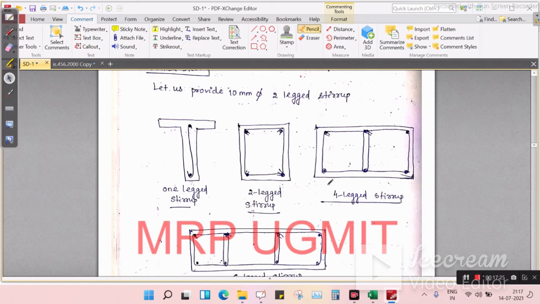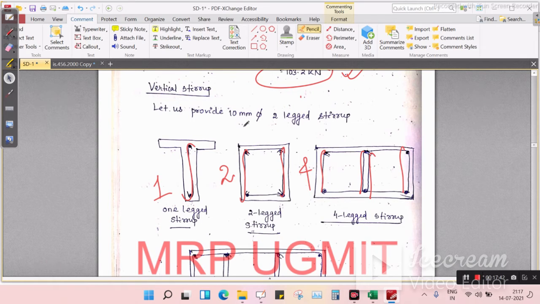So you can see here, this is a T section. This is a one leg stirrup. This is a two leg stirrup. This is a four leg stirrup. For this problem, let's provide 10 mm diameter two leg stirrups in the beam, because ours is a beam section.